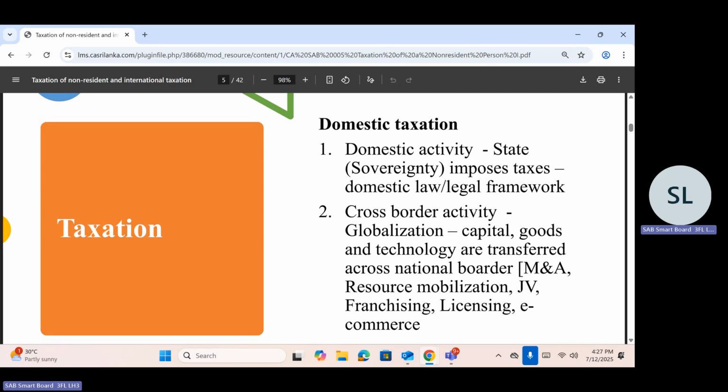This country also has its sovereign rights, and can impose taxes. That country also has sovereign rights, and can also impose taxes. If somebody is doing a transaction between these two countries, say they are coming to Sri Lanka and doing business, as per their country they are subject to tax, as well as in this country, as per its law.